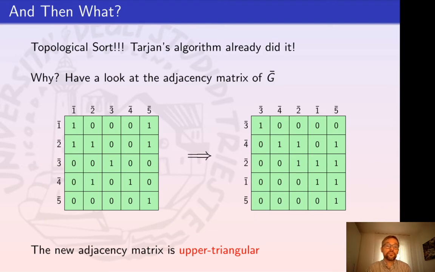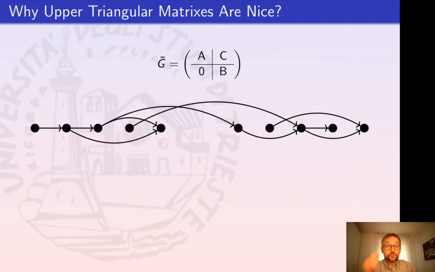So this step is obtained for free. Now, why is it so important to get the upper triangular matrix? Let's go back to the graph theoretical view of the collapsed graph.